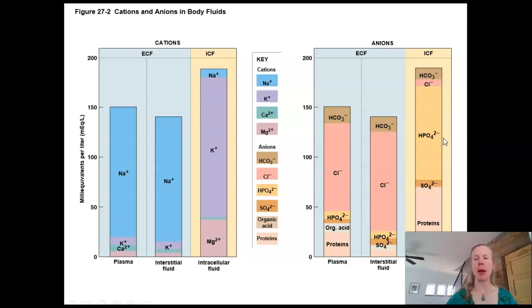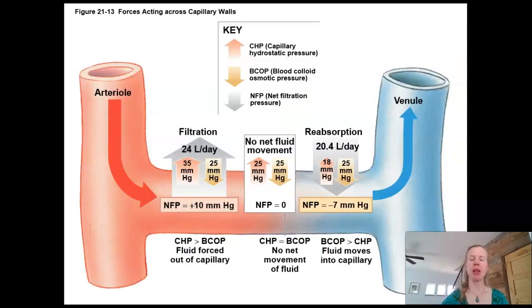Inside of the cell, it's a lot of things like phosphate and also anionic proteins. Okay, and again, where these electrolytes are, where these ions are, is going to determine where the fluids in your body are. So, a lot of you, I remember, really didn't like this part.